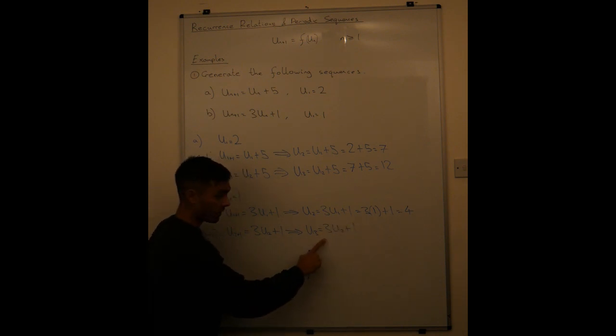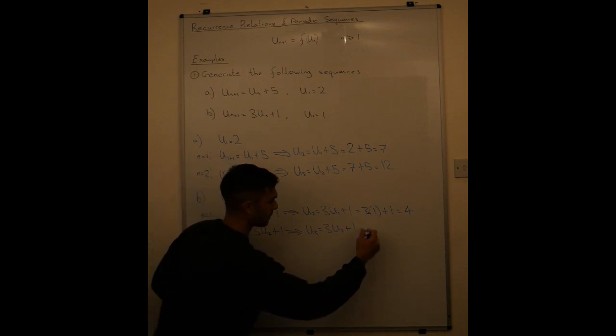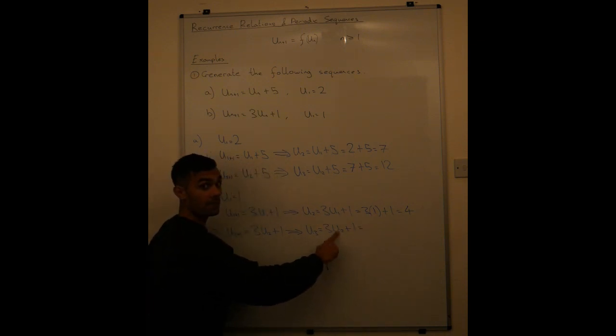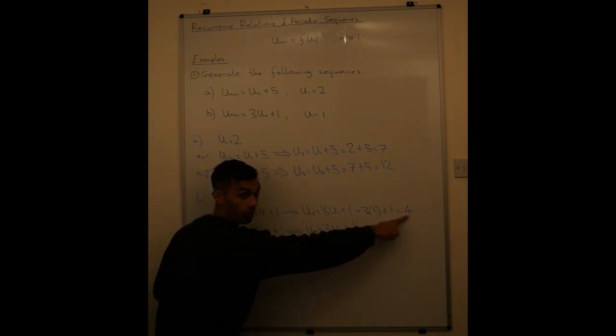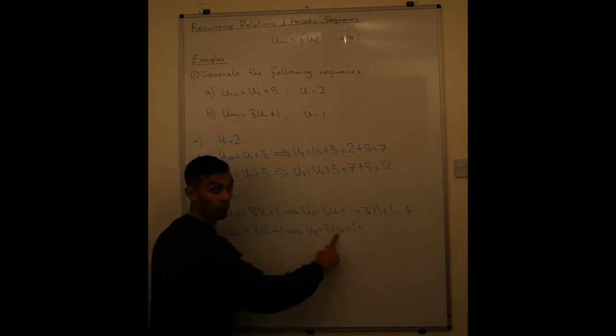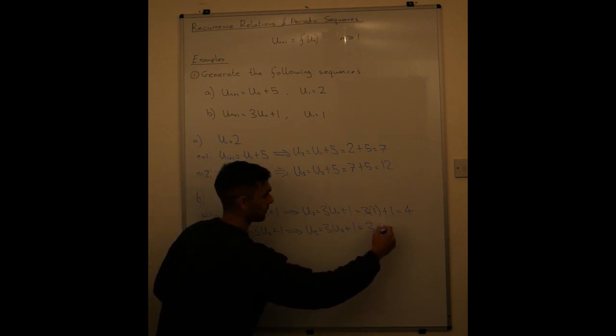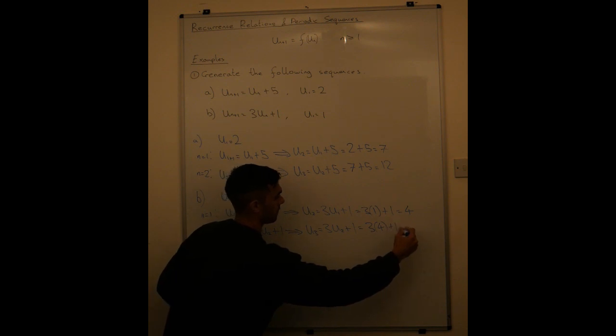And the formula tells us to work out term 3, you do 3 times term 2 plus 1. Term 2 is 4. So 3 times 4 plus 1 is 12, 13.